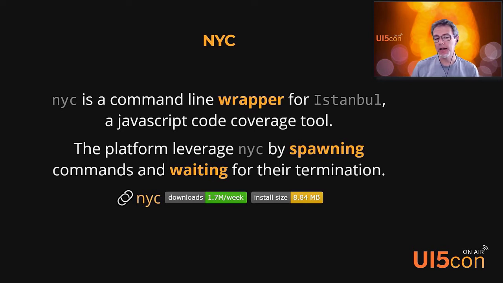And the value of NYC is that with simple command lines, you can instrument the code and generate the code coverage reports. So since the platform test runner is already capable of spawning commands because of the browsers, I just reuse the same mechanism and I spawn an NYC command line in order to instrument the code and do whatever needs to be done with code coverage.